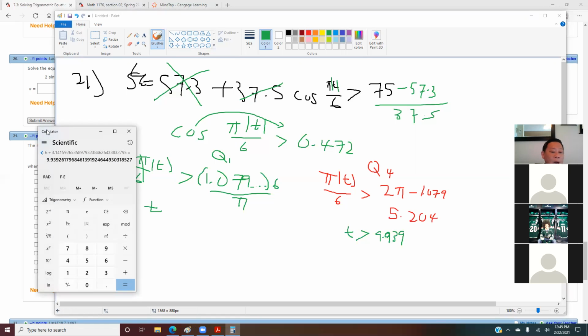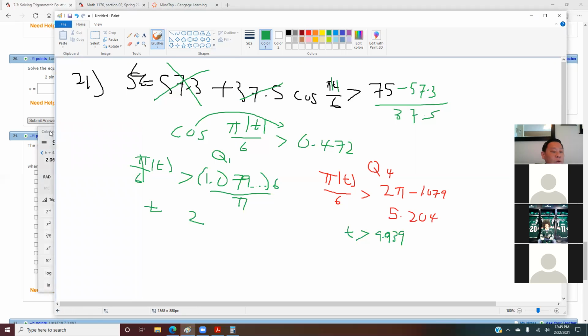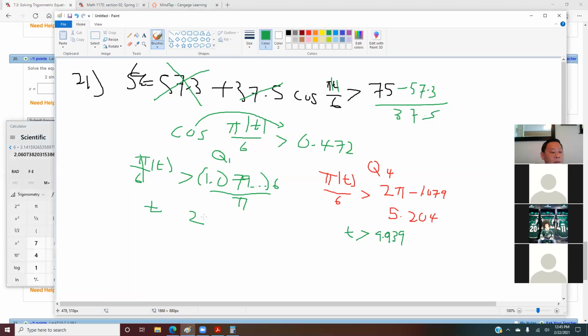And then this one is 1.079 times 6 divided by pi. So that is 2 point something, 2.06. And because this is an absolute value, this will become less than. The reason is because the absolute value will give one greater than, one less than. The smaller one, which is in quadrant 1, will be less than. The greater one will be greater than.